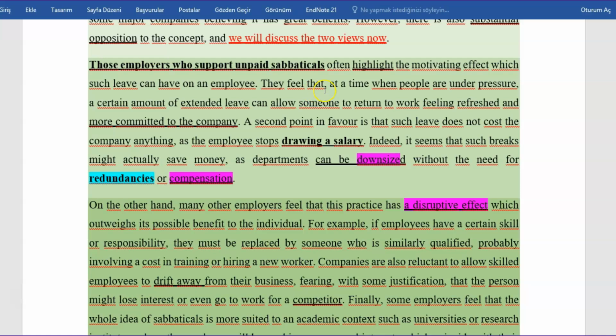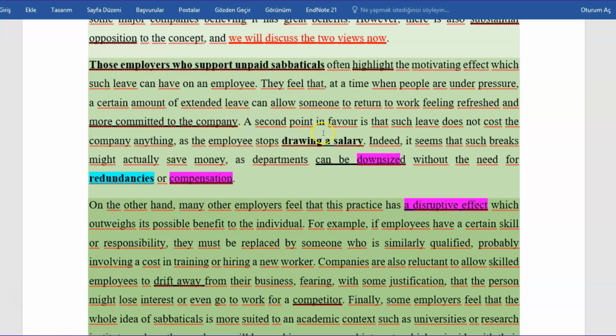They feel that at a time when people are under pressure, a certain amount of extended leave can allow someone to return to work feeling refreshed and more committed to the company, more committed to their task.